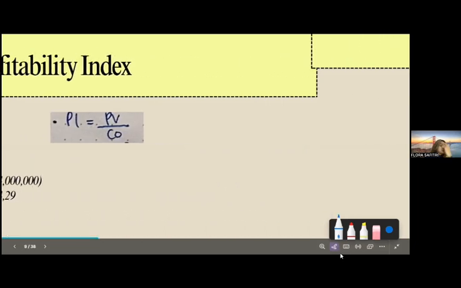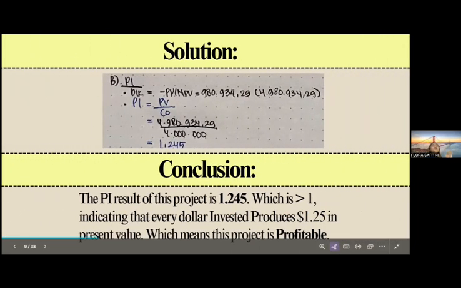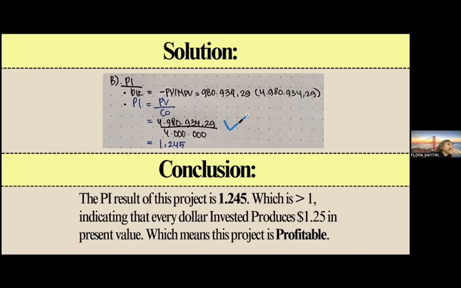The solution from the formula, present value divided by initial investment: 4,934,000.29 divided by 4 million. The result for the profitability index is 1.245.